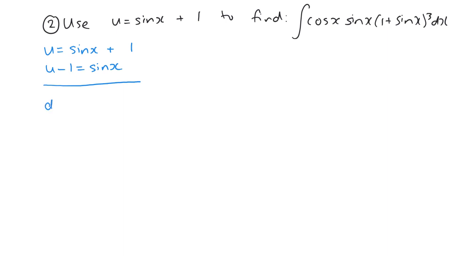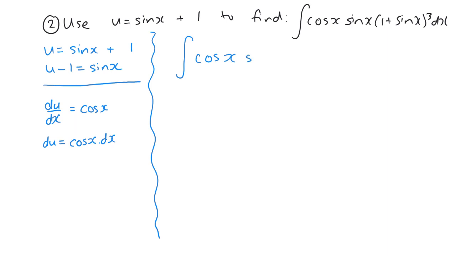Okay, so we need to differentiate u to see how du and dx are related to each other. So differentiate sine, we get cos. Differentiate 1, we get 0. So we can say du equals cos x dx. Now look at the integral.